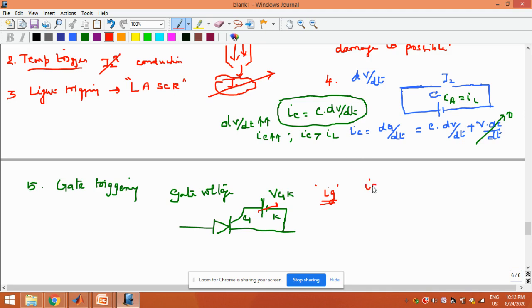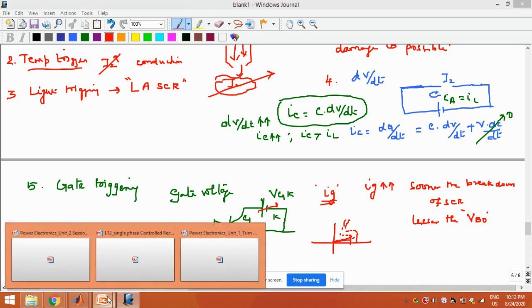So the more the IG, the lesser the breakover voltage, or the sooner the breakdown or conduction of SCR, or the lesser the breakover voltage VBO. That's why in the characteristics, you would remember, it comes like this. For more IG value, the breakover voltage occurs even earlier. So these are all the schemes of triggering.